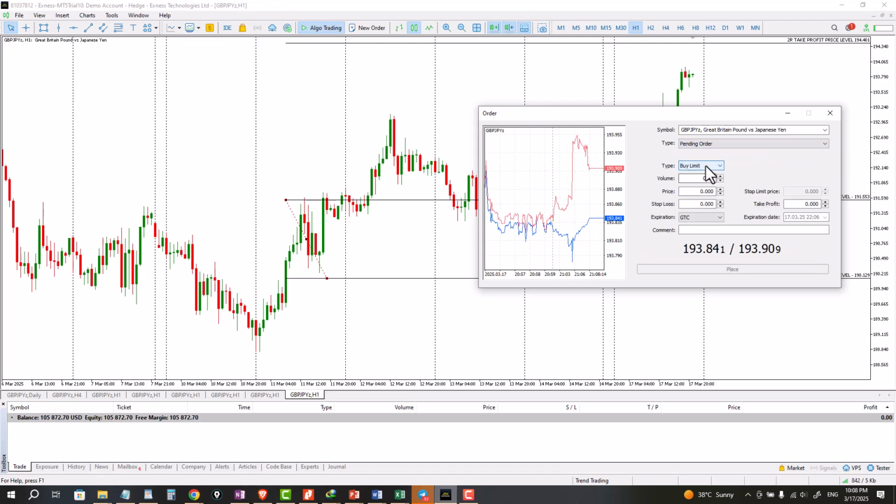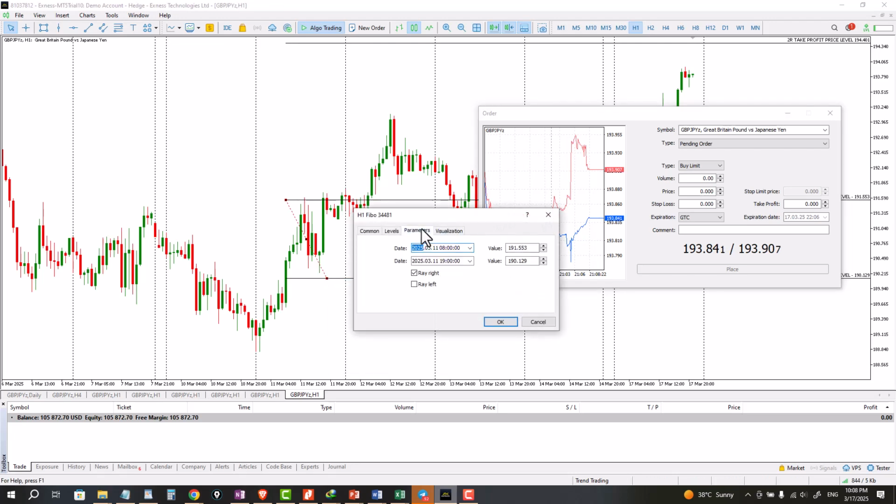We'd use pending orders, and we're going to be using a buy limit, okay, because price is up here and it's supposed to be down here that we are going to be taking the trade. So this is just an example, okay? So let's say our entry is going to be 191.55.